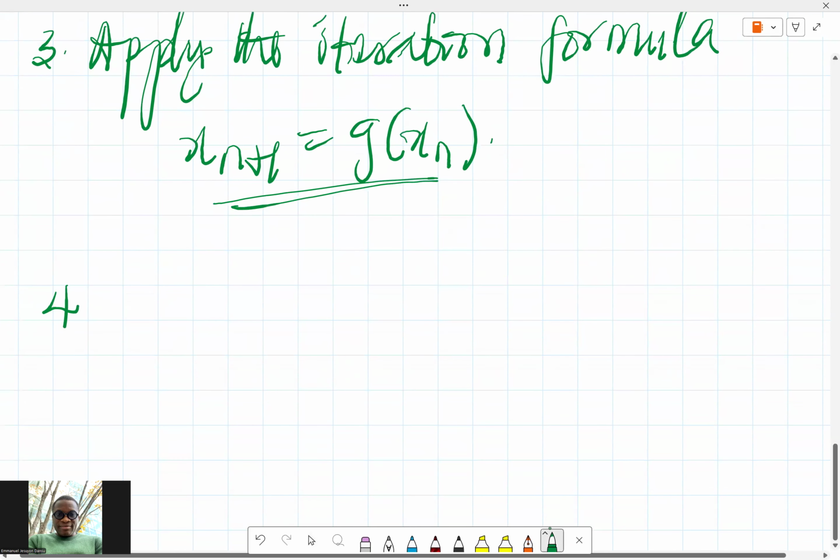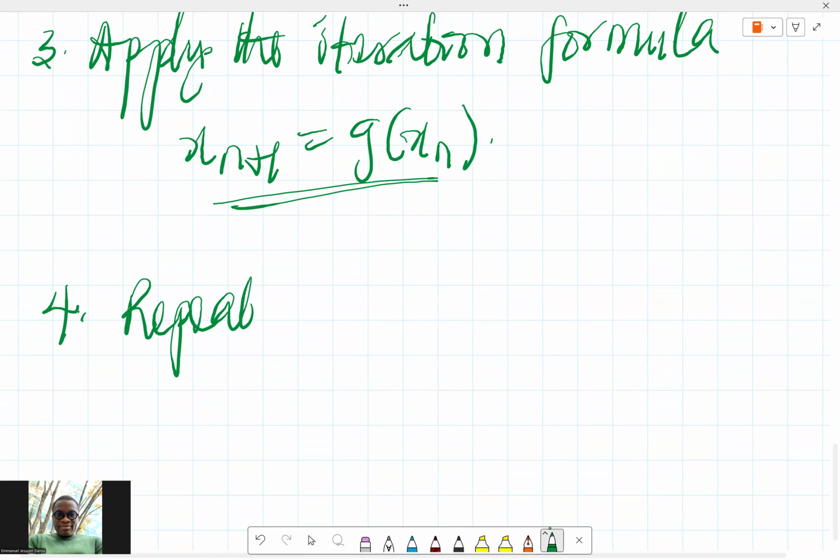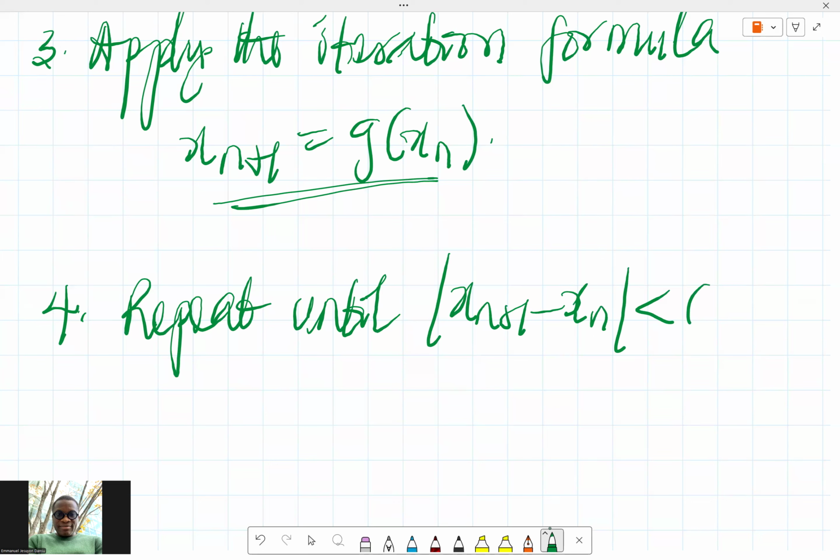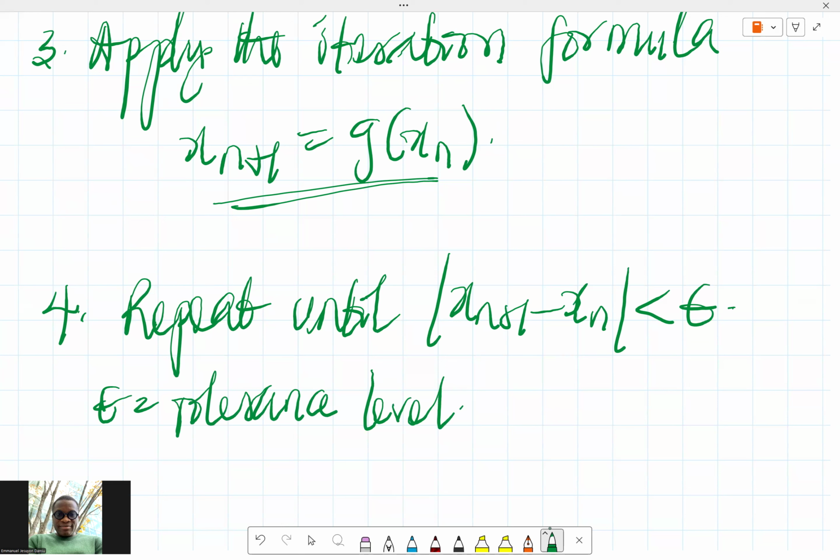Then finally, the stopping criteria. How do you know when to stop? You repeat until the absolute value of x n plus 1 minus x n is less than epsilon, a tolerance limit that you're given. The smaller the tolerance limit, the more accurate your result.